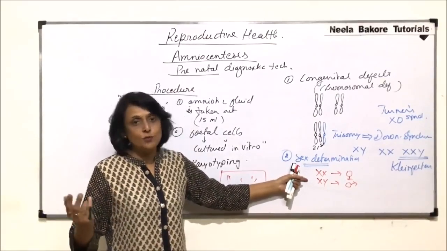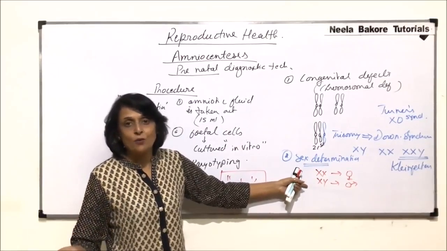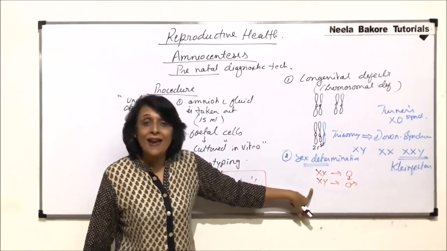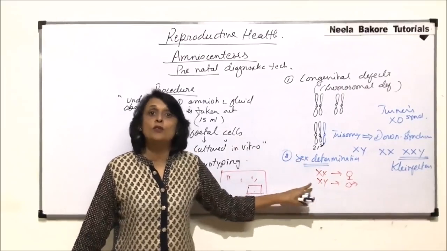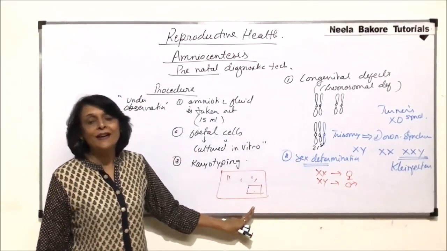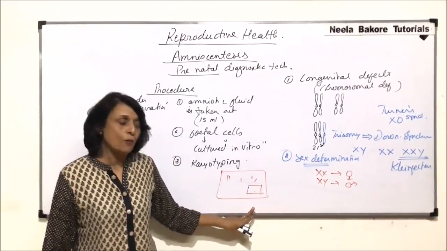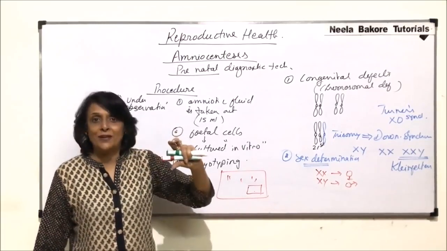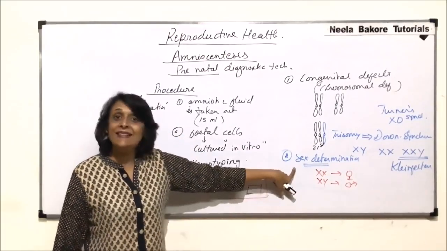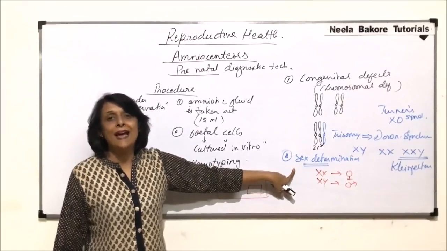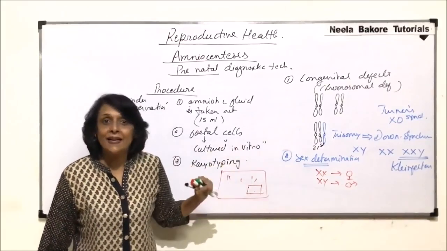Two X chromosomes are going to look different from X and Y. So by looking at that picture also, one can identify whether it is XX or XY. So they don't show that part, and that is why it has been banned.